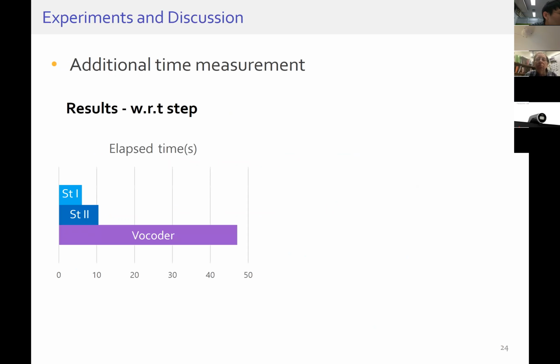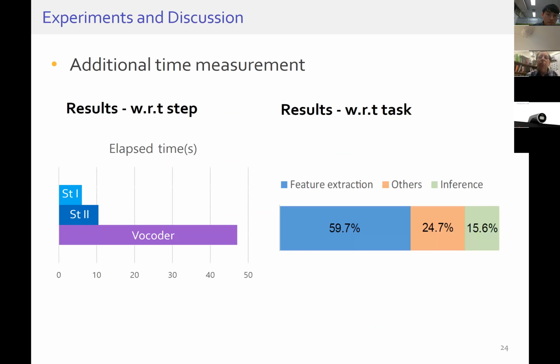As shown in the left graph, we can easily find out that the vocoder dominated the elapsed time. And we reorganized the experimental result with respect to the class of the task. We can see that feature extraction takes more than half of the time.